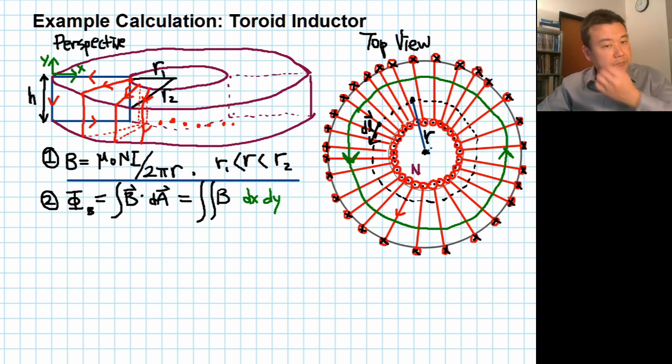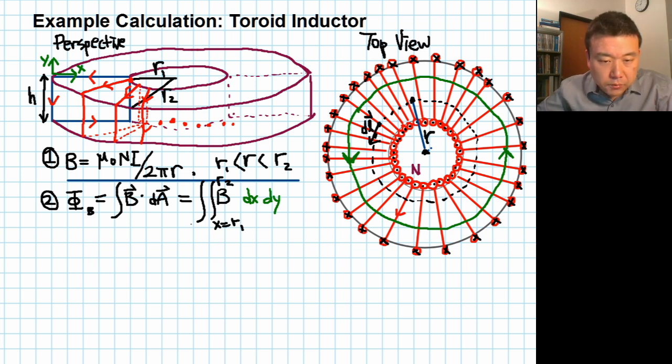And we have to specify the integral. The x integral goes from x is equal to r1, the inner radius, to x is equal to r2, the outer radius. And the y integral would go from y is equal to 0, let's say that's at the bottom of the toroid, to the full height of h.